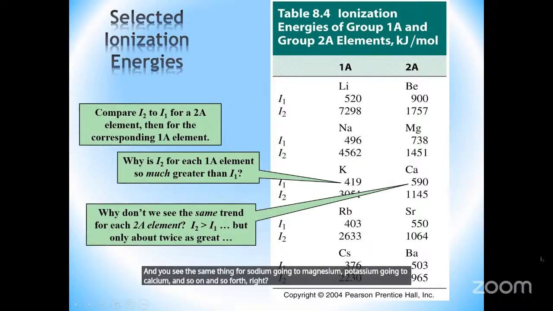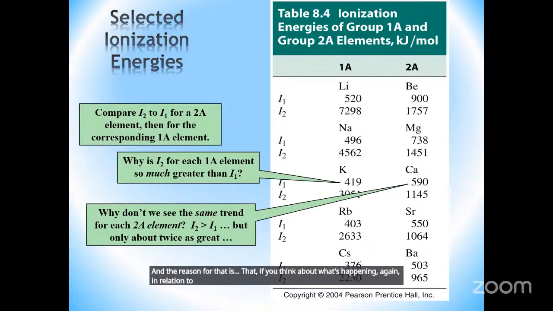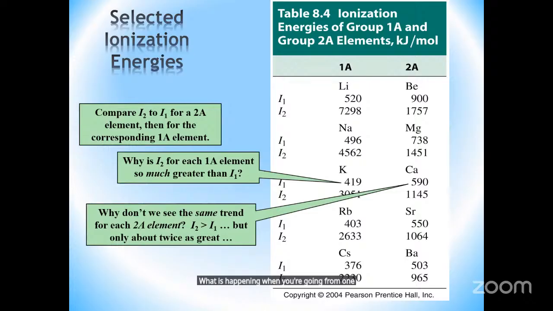And the reason for that is, if you think about what's happening in relation to the electron structure, what is happening when you're going from one atom to the other in one period? You're making two changes. You're adding an electron to the same shell, and at the same time, you're adding a proton to the nucleus, right?